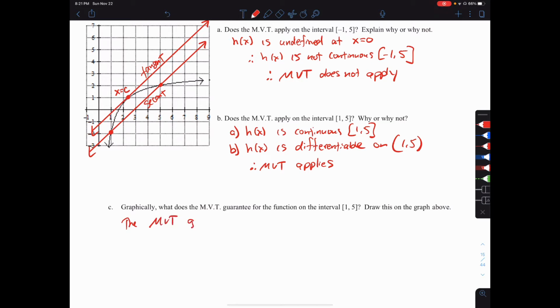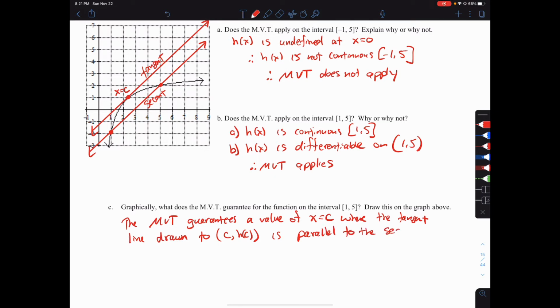The mean value theorem guarantees a value of x equal to c where the tangent line drawn to h of c is parallel to the secant line passing through (1, -2) and (5, 2).